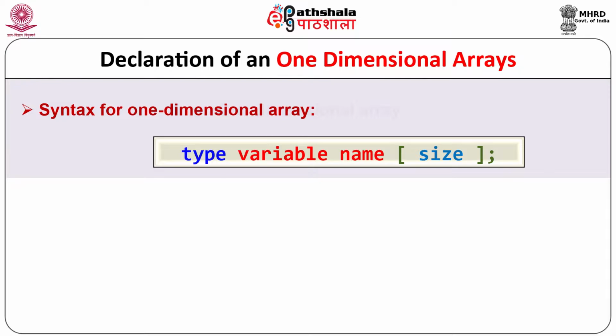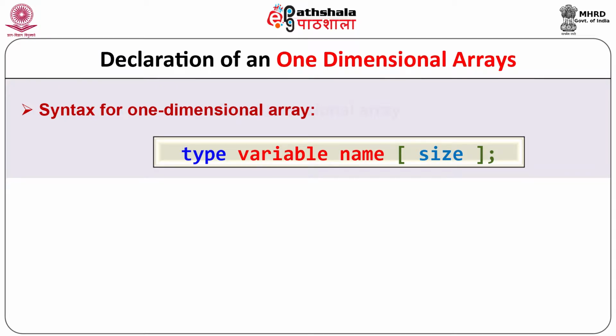Variable name means name of the array. Size means size of the array, how many elements you are storing in the array. Array size must be an integer constant, and that value should be greater than 0. Array type can be any valid C data type, meaning integer, float or character.